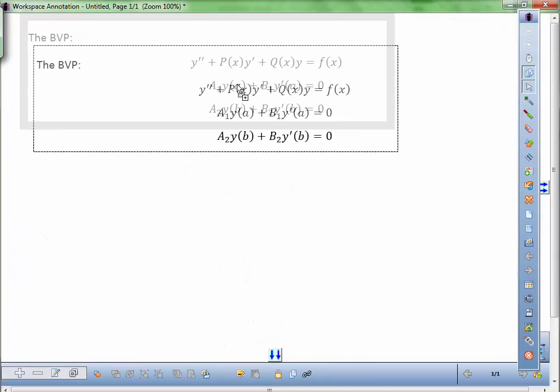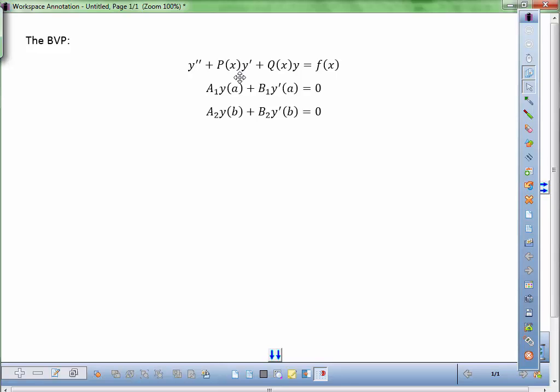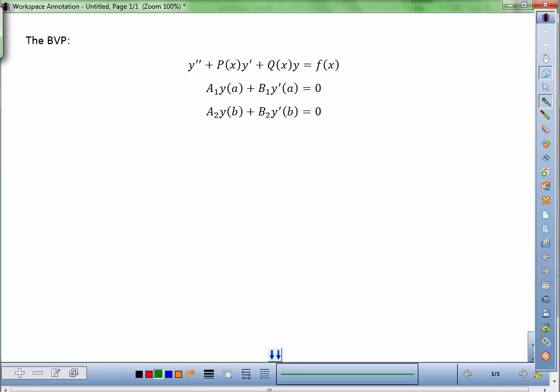And the boundary value problem addresses, instead of having an initial condition on one particular x value, one particular independent point value. Instead of addressing one independent point value and finding out y and y prime of that, the boundary value problem addresses 2 points.